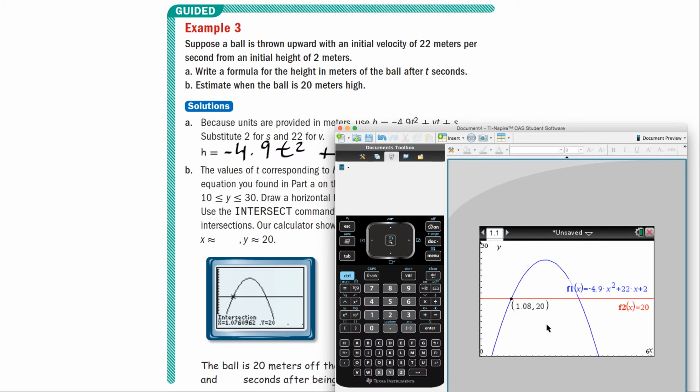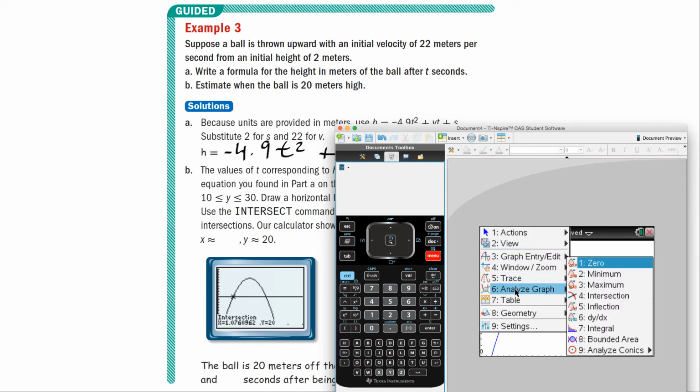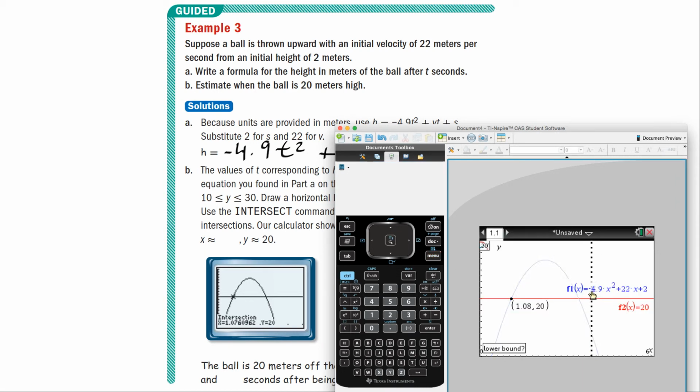And I want to do that again. Analyze graph, intersection, and I have a solution: the time for the height of 20 is 1.08 seconds and about 3.41 seconds.